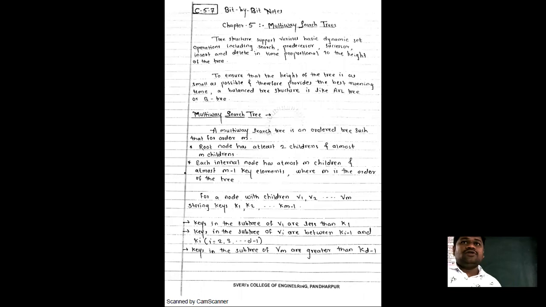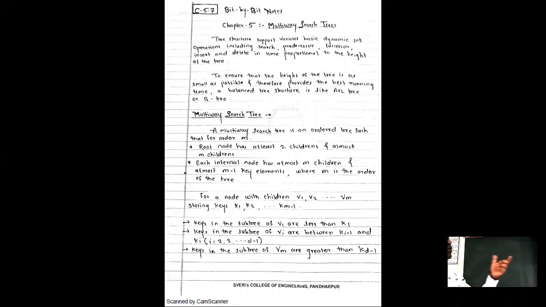And again, the very important thing we will discuss here is how to balance the height of the tree. That part is very important. Previously, in the previous unit, we discussed the binary tree, where we consider only 2 children. But here in a multi-way search tree, we consider multiple children for a single node.